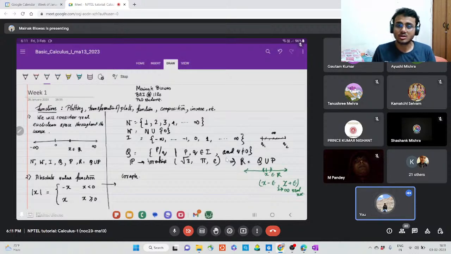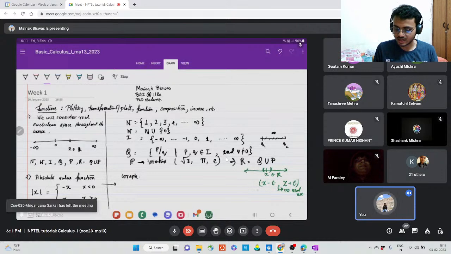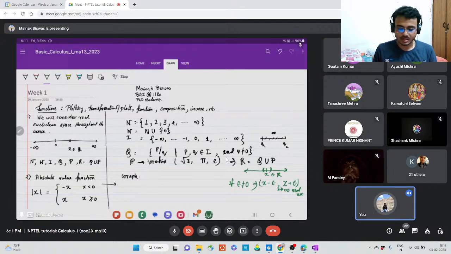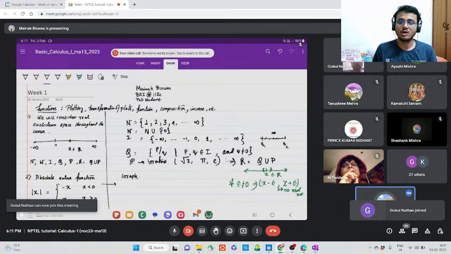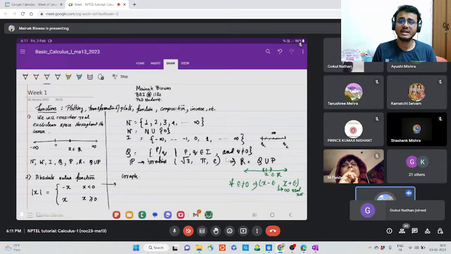For all epsilon not equal to 0, this is true. So this is how you understand how the real number space is complete. So you don't have any gaps.